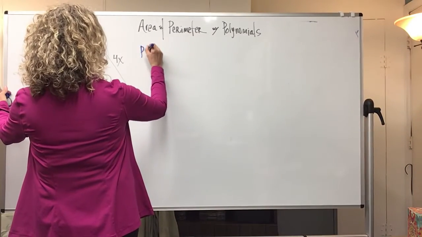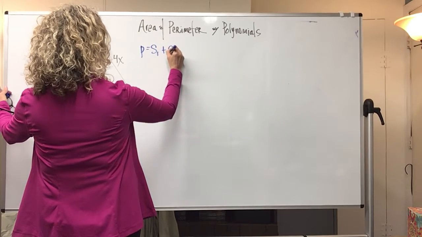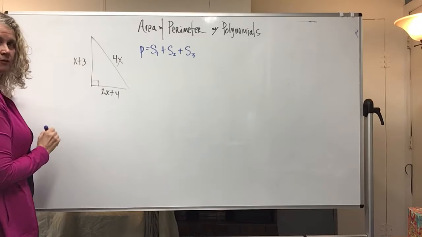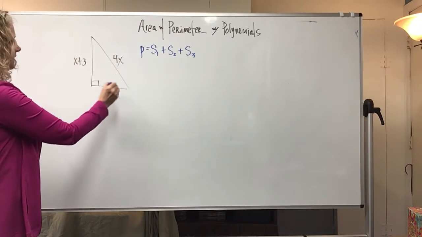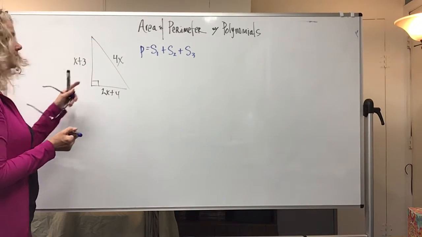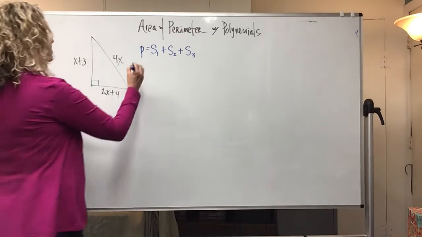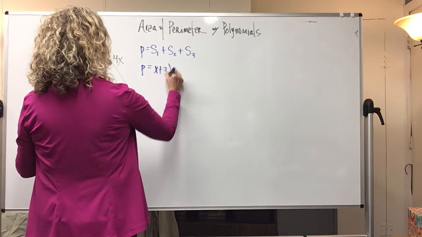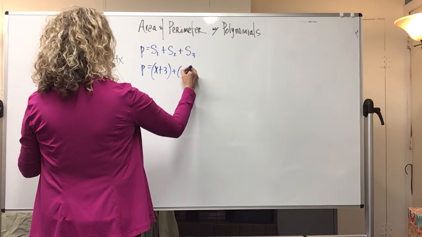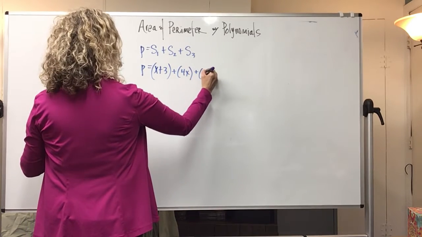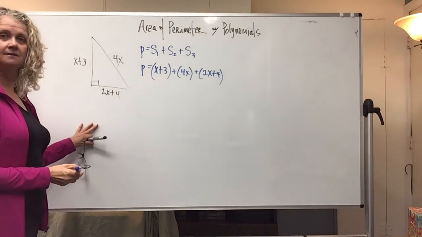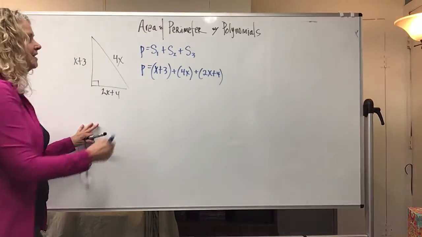Perimeter of a triangle is just side 1 plus side 2 plus side 3. So if we were to build a fence in an area of given dimensions, you would add the sides. So in this case, we're going to get x plus 3, 4x, 2x plus 4. And because you're adding, it doesn't matter which order you put the sides in. It comes out the same in the end.